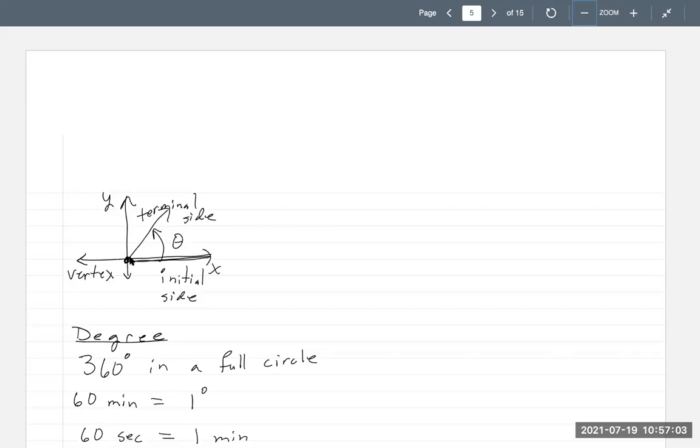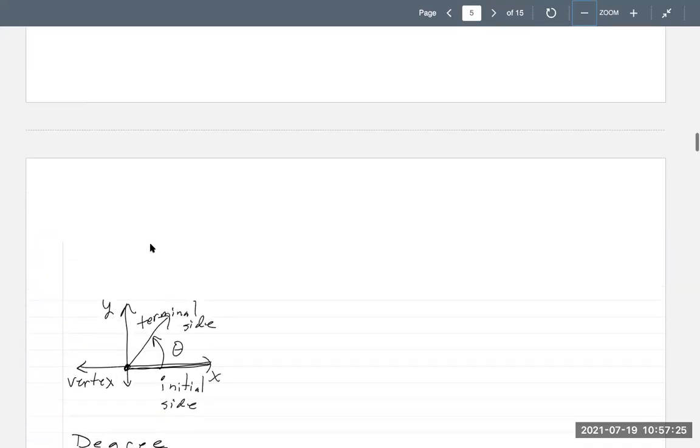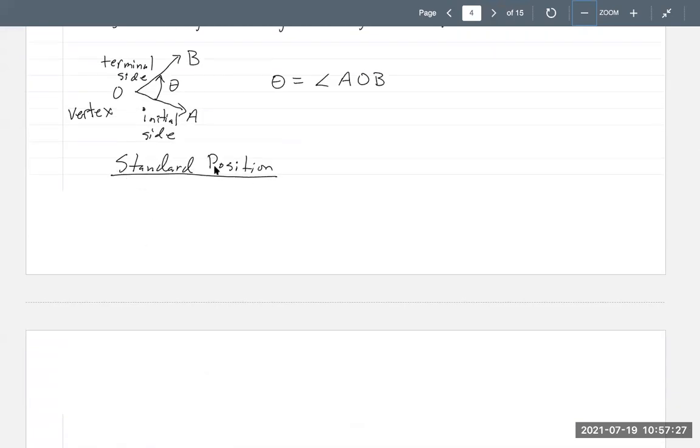If we measure the angle in a counterclockwise direction, that will give us a positive angle. If the vertex is at the origin and the initial side is the x-axis, we say that this angle is in standard position.